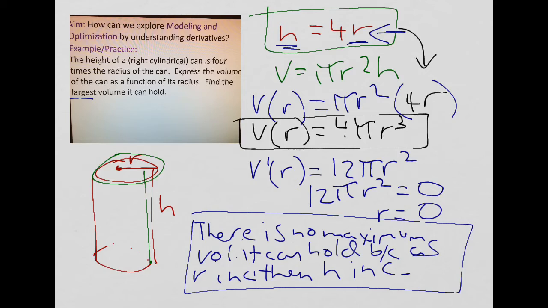Here, it's one variable in terms of the other, but there wasn't that same restriction. So because as r increases, the height increases, there is no maximum volume. In a sense, it makes sense. You probably weren't thinking that was going to be the answer, but sometimes that happens.